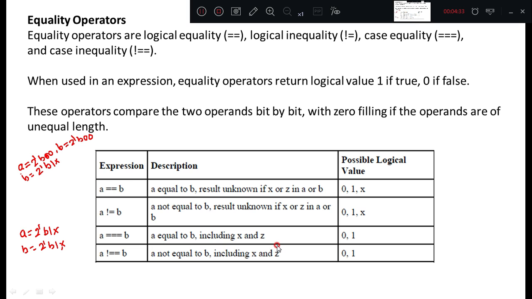So X and Z can be part of the equality operator, that can be included.